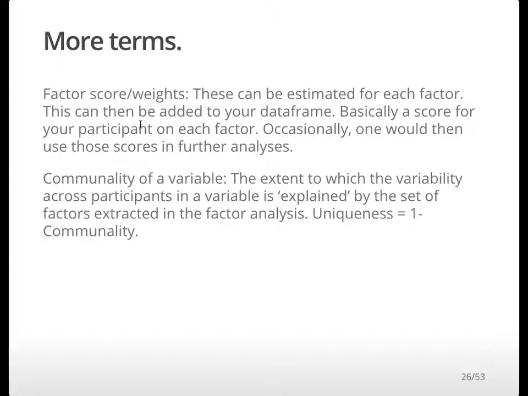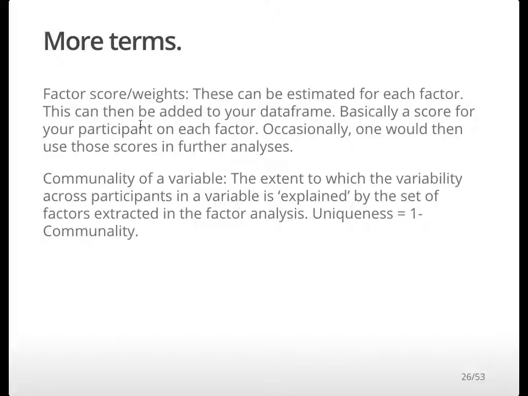Factor loading is not the same as a factor score or a factor weight. Once we've done this, for every participant we can get a weight for openness or for neuroticism or some other measure. You then want to use that score, for example, to correlate to something else, like their health.